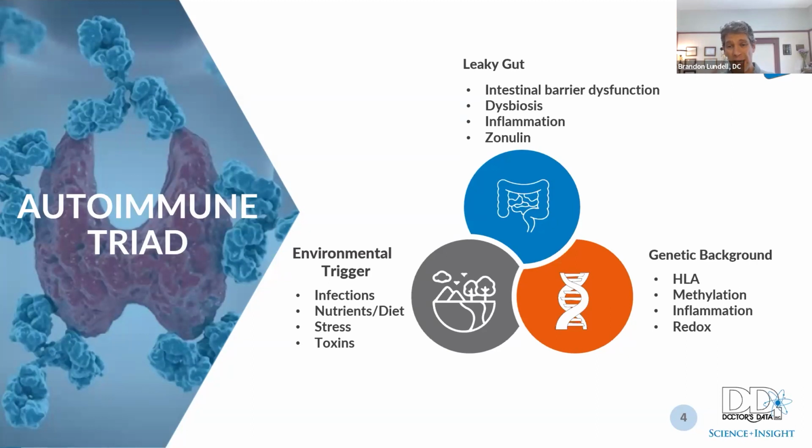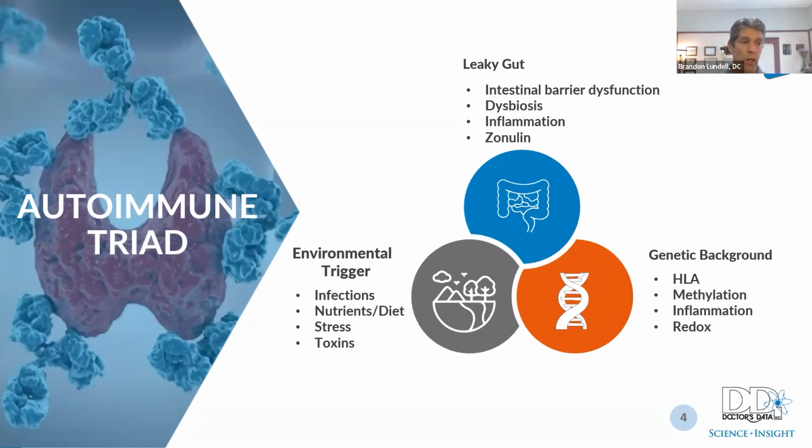We also have the genetic piece, where you have to have that HLA haplotype background. There are often methylation issues that allow that autoimmune gene to be read, and that's your methylation connection into autoimmune. People that have more tumor necrosis factor alpha genes and interleukin genes tend to be more susceptible to autoimmune.